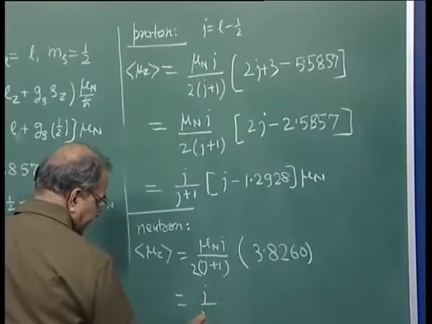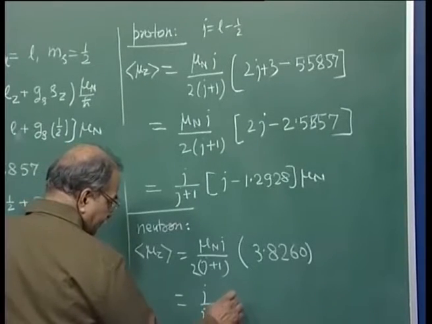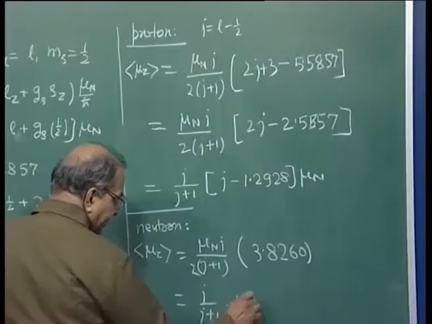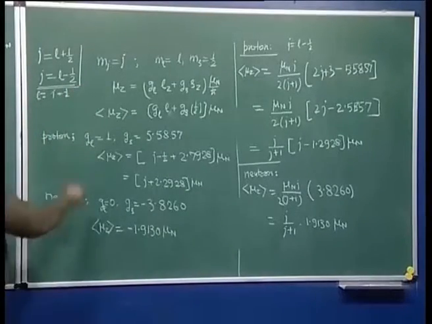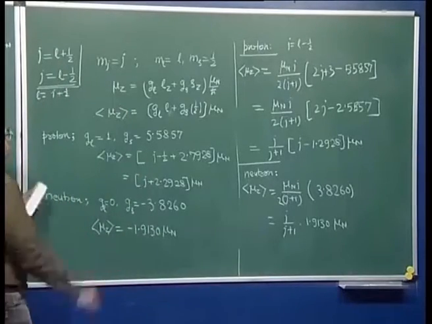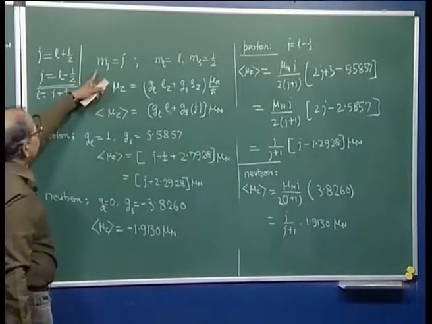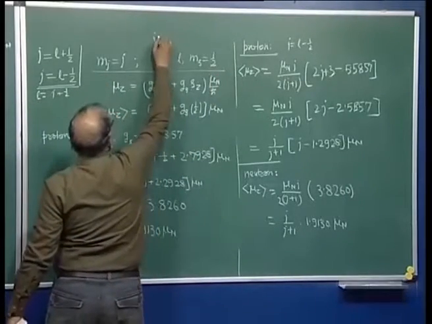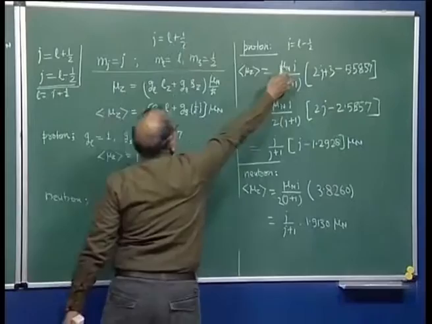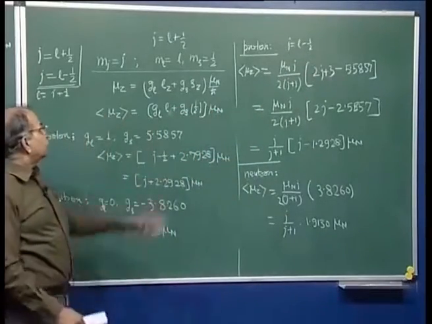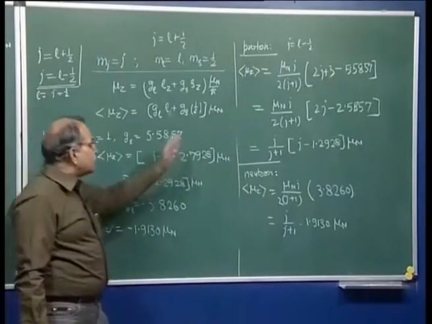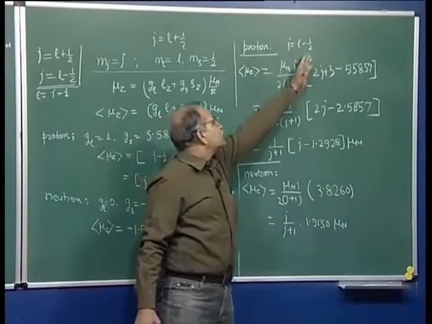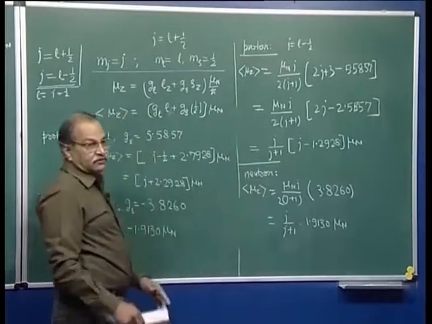This is J over J plus 1 and 1.9130 mu n. So, all the 4 cases are now collected. This is for J equal to L plus half, this board, this portion is for J equal to L plus half here, this is for J equal to L plus half and this is for J equal to L minus half. For L plus half you have proton, last nucleon proton and last nucleon neutron, and similarly for J is equal to L minus half you have for proton and you have for neutron.